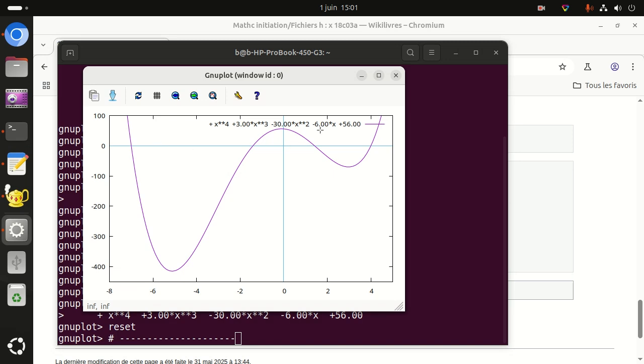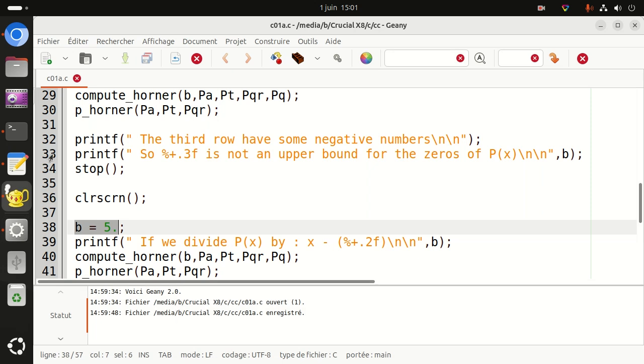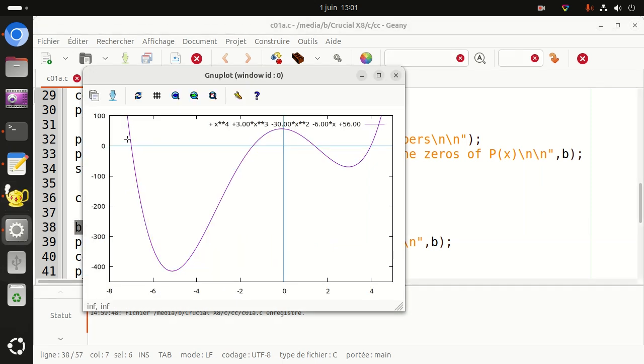And now I have the axis. You can see here the first root, a second root, a third root, and the fourth root.